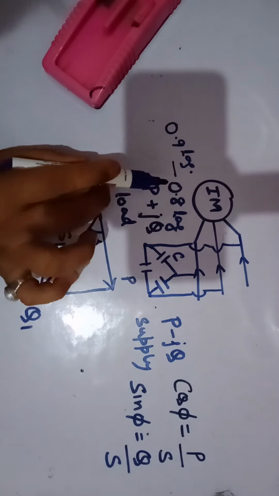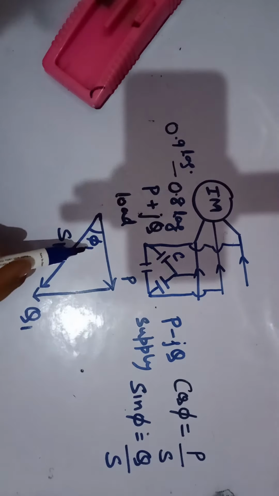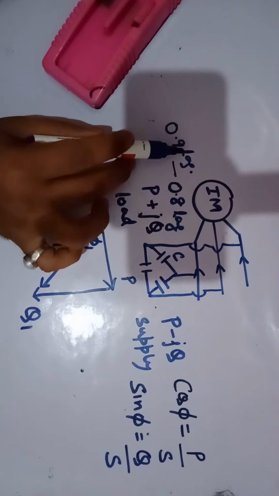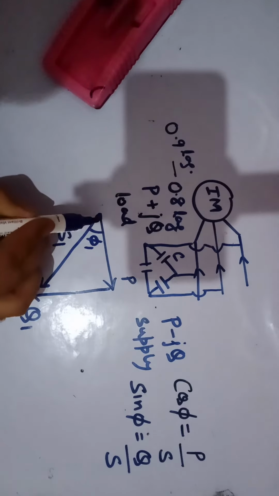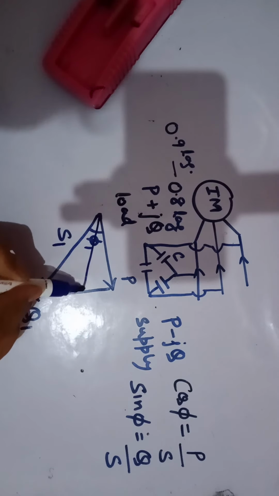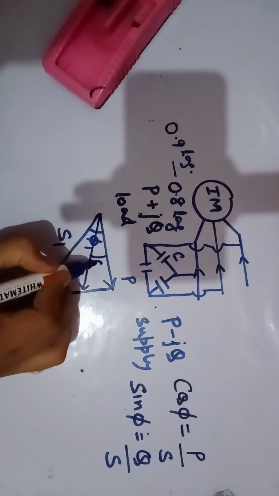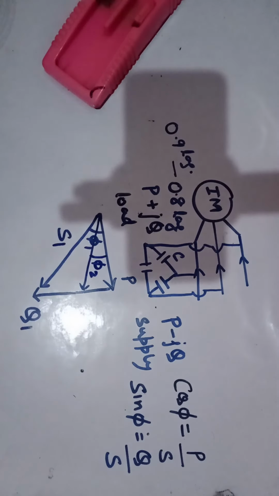Previously it was operating at 0.8 lagging, so the angle was this. Now it is operating at 0.9 lagging, so the angle will lessen, meaning the angle will have a lesser value. So that's what the improvement does.